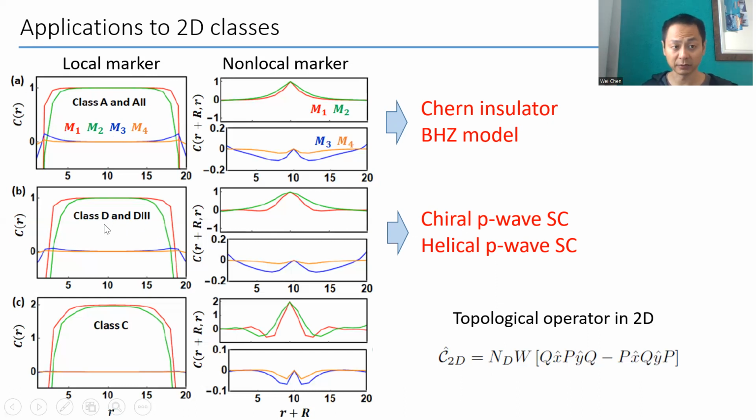Likewise, class D and D3 are the so-called chiral p-wave superconductor and the helical p-wave superconductor. The helical p-wave is essentially 2 copies of the chiral p-wave, and therefore each copy will behave the same way, so they are completely identical.